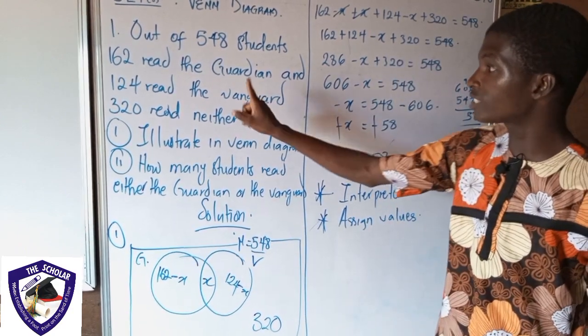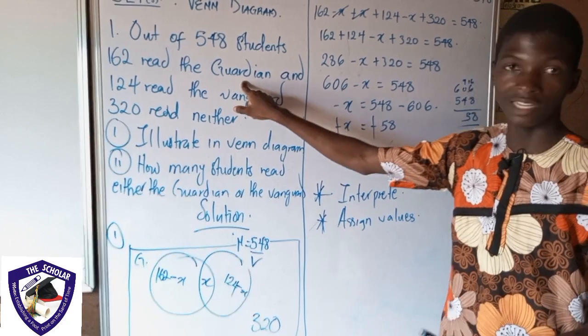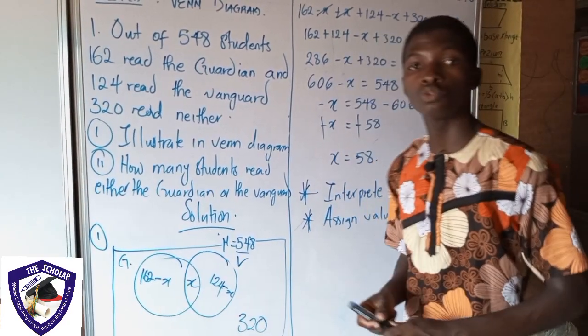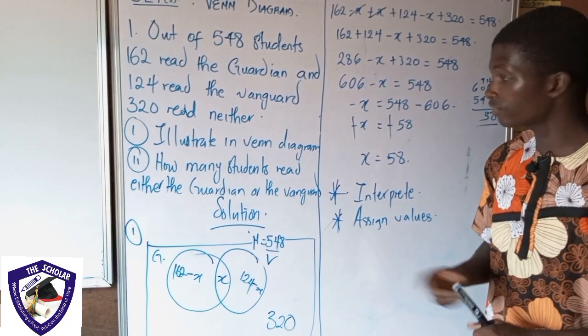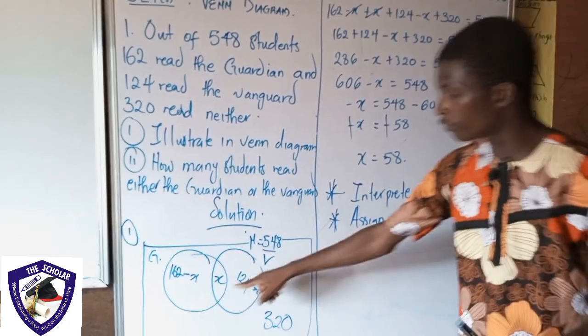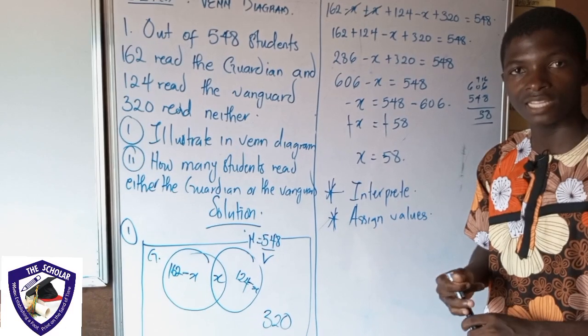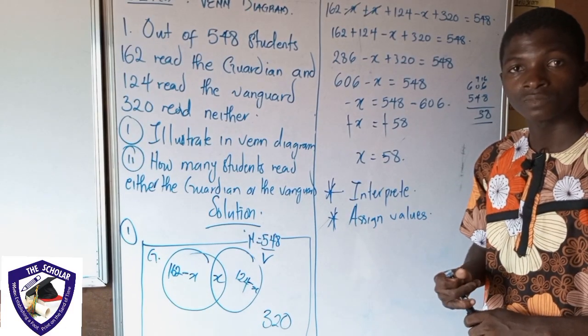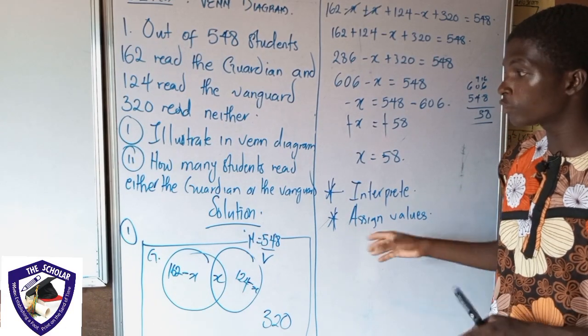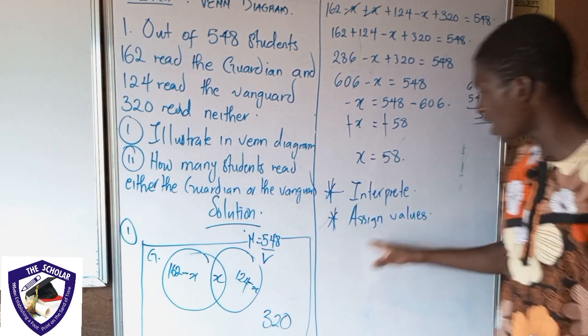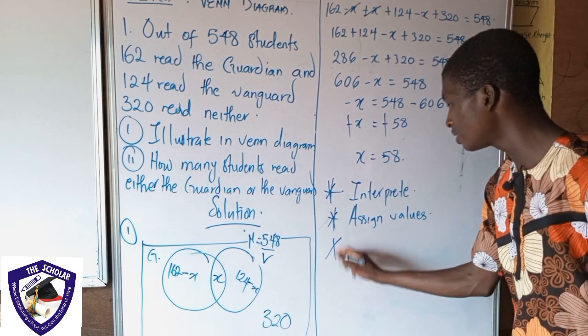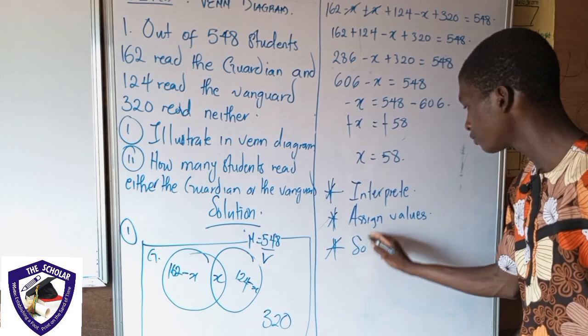They said 162 students read Guardian, so I put 162. Then after that for Vanguard, I put 124. Then after that, I made mention of our element X, X representing the total number of students who read both Guardian and likewise Vanguard. After assigning values, then the next thing is to solve.